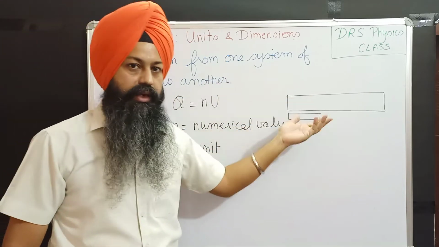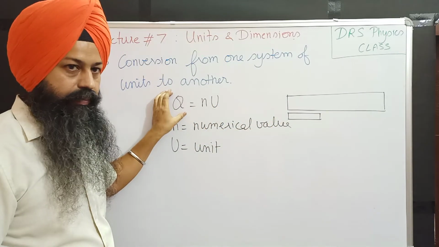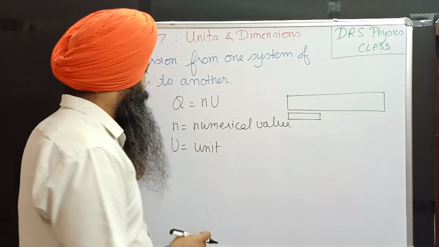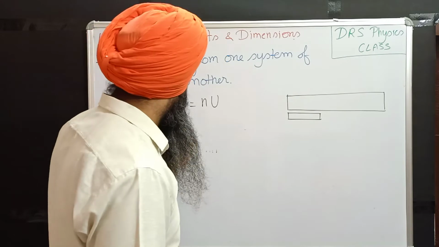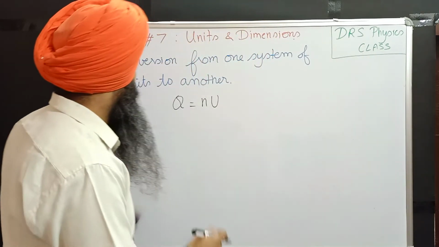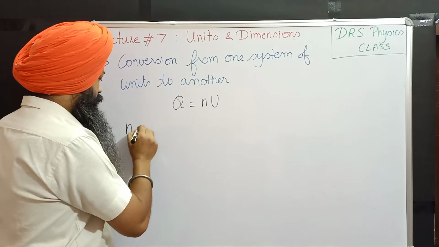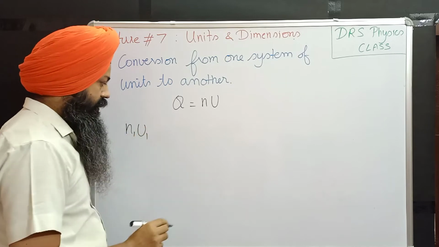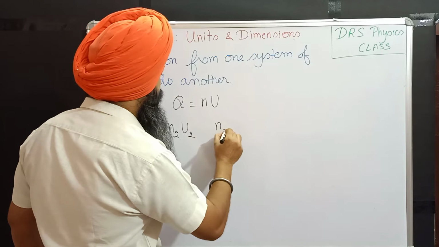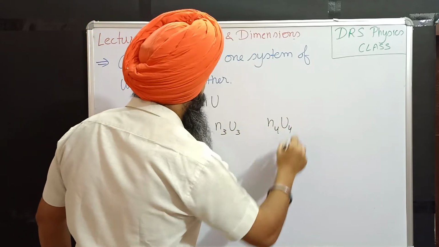If we change the unit, what would happen? The quantity would remain the same, but these things would change. What do I mean? Suppose there are several systems of units. In the first unit the value is N1 U1, in another system N2 U2, N3 U3, N4 U4.